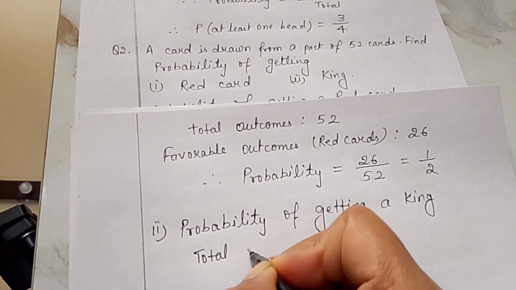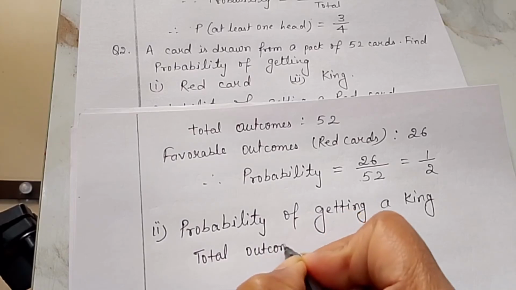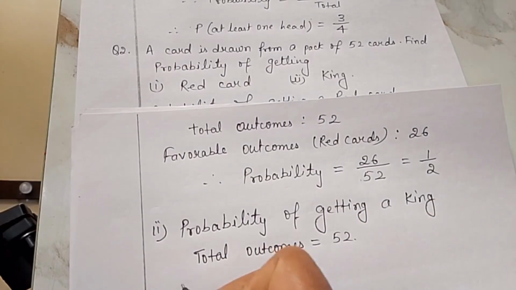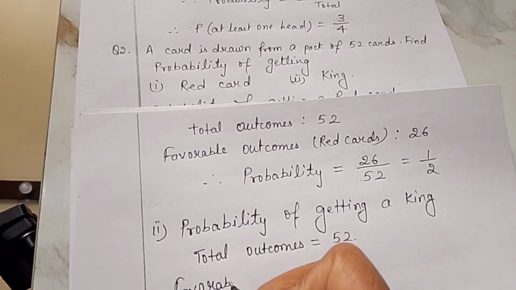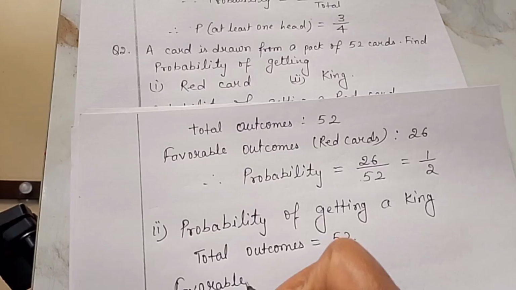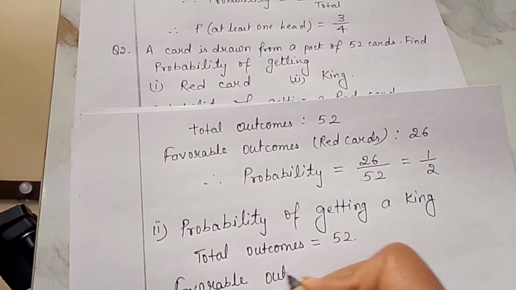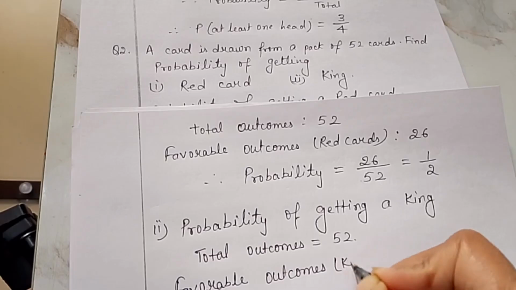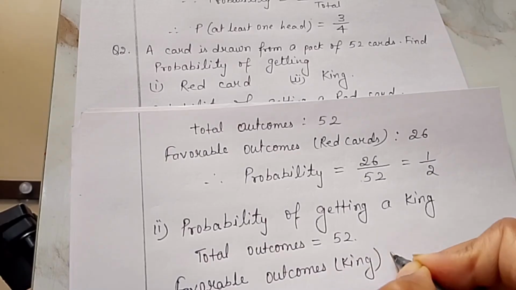and total outcomes is equal to 52. Favorable outcomes of king is equal to 4.